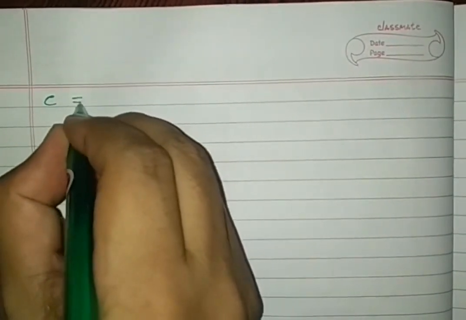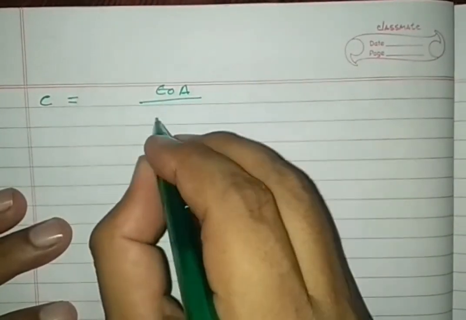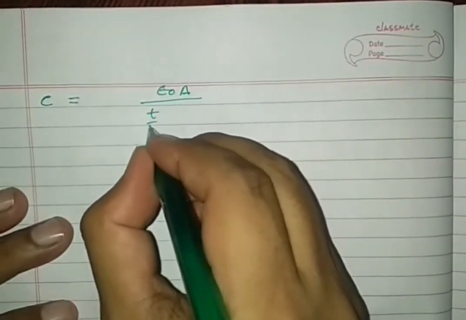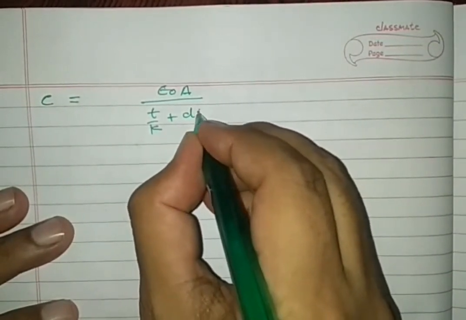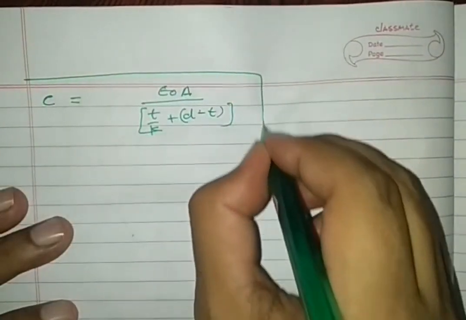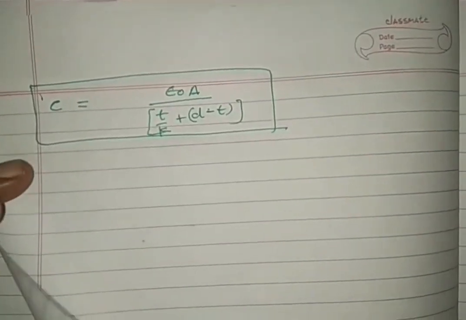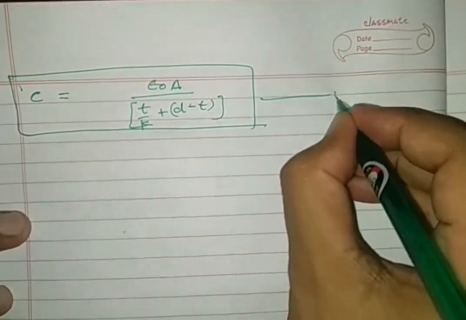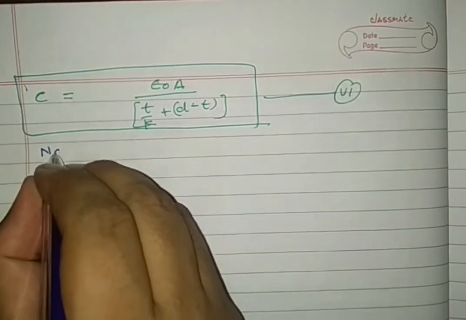So the capacitance formula is given by C is equal to epsilon 0 A by T by K plus D minus T. Let it be represented by equation number 6. Now some special cases.